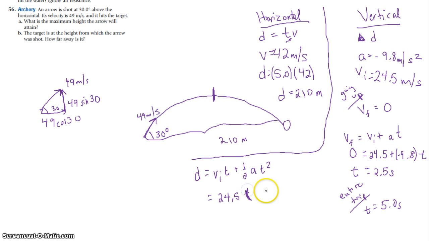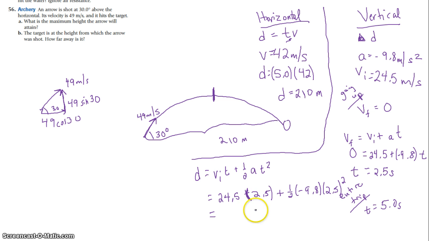Times that time going up, because all we care about is how far it went up. That's going to be our maximum height. So we're going to use the time going up for that. So times 2.5 plus 1/2 times negative 9.8 times 2.5 squared.